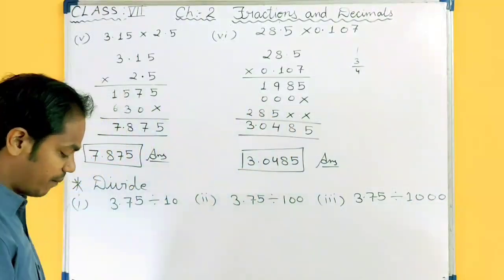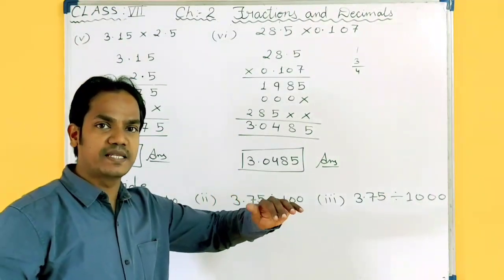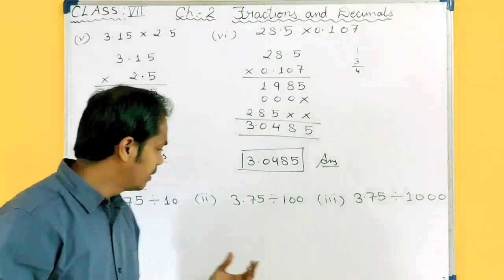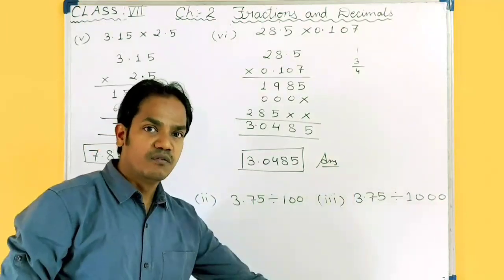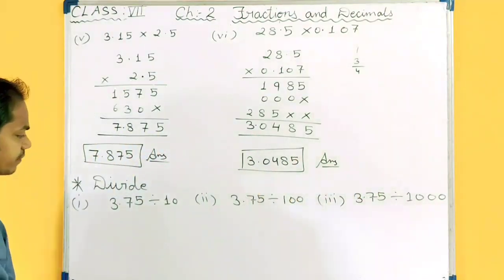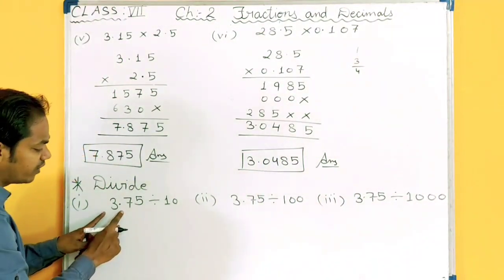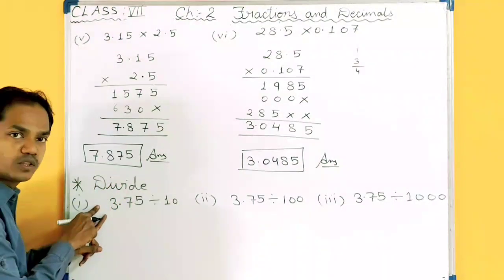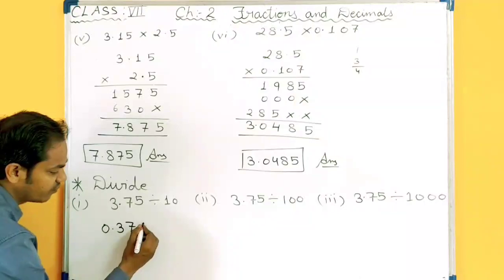So what we have to remember in this question? In multiplication, we are shifting our decimal point to the right hand side. But in division, while dividing by 10, 100, 1000, 10,000 like this, we will shift to the left hand side. So how many zeros are there? 1. So your point will shift one value to the left side. So your answer will be 0.375.